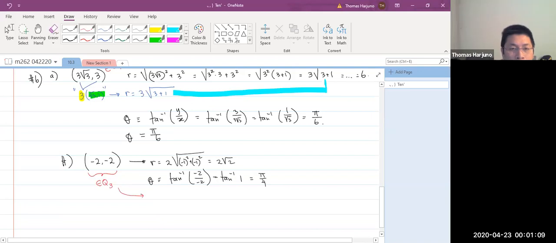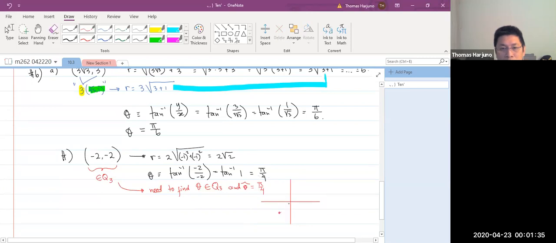So you need to find theta in quadrant 3, whose reference angle is pi over 4. Pictorially, it's here, right? Pictorially, it's there, because the reference angle is pi over 4. This is the reference angle.